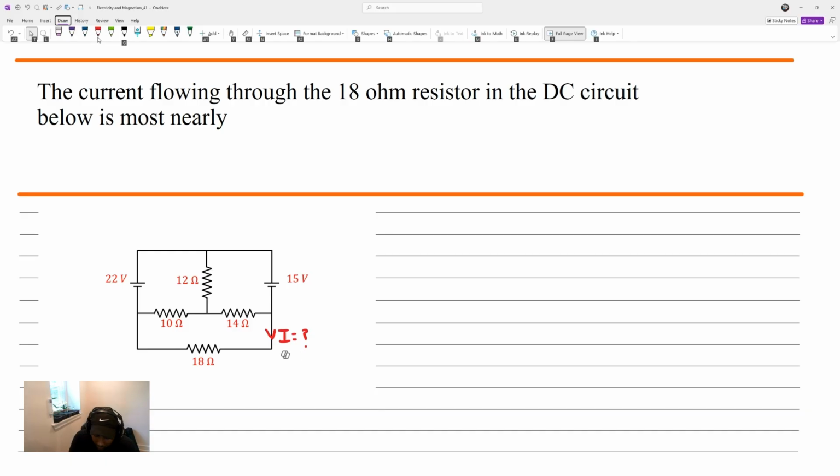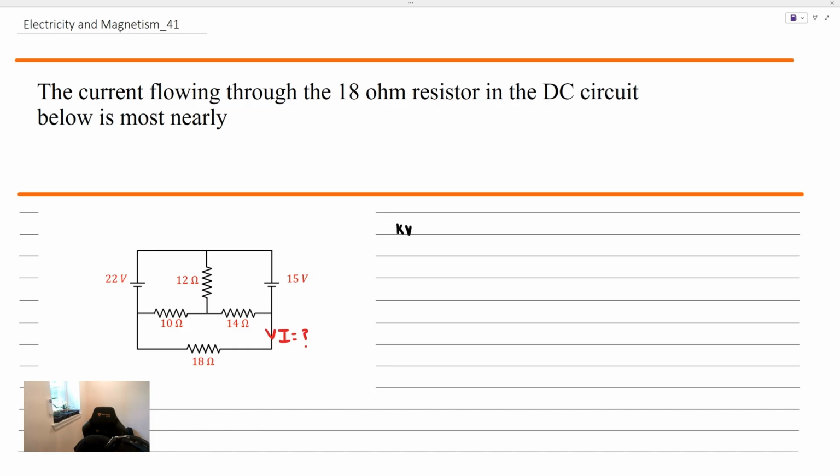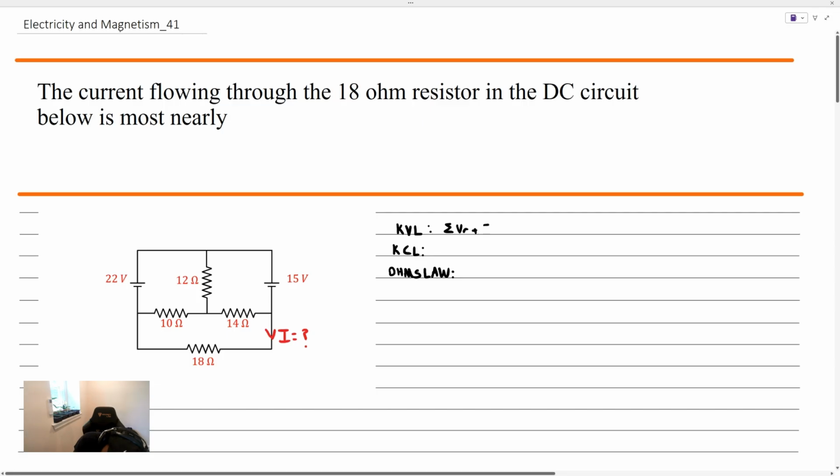Okay, so what's super fundamental to analyzing DC circuits is the idea of Kirchhoff's voltage law, as well as Kirchhoff's current law, and lastly, Ohm's law. Kirchhoff's voltage law says that the sum of the voltage rises plus the sum of the voltage drops inside of any loop inside of a circuit must be equal to 0.